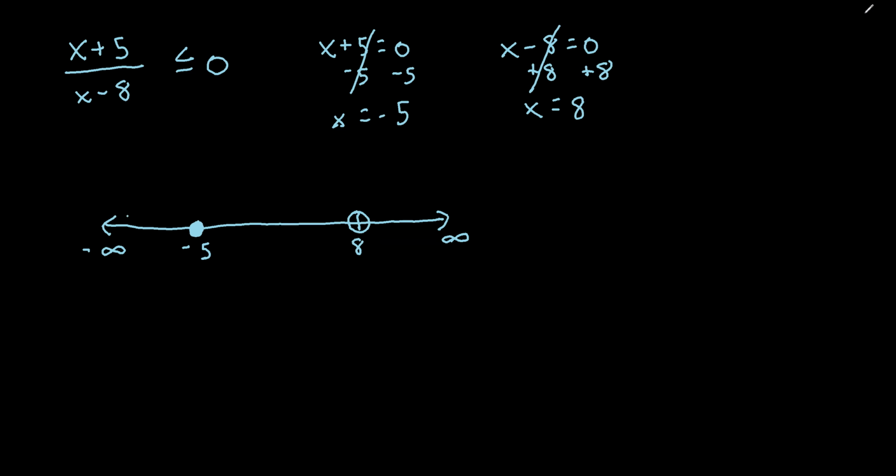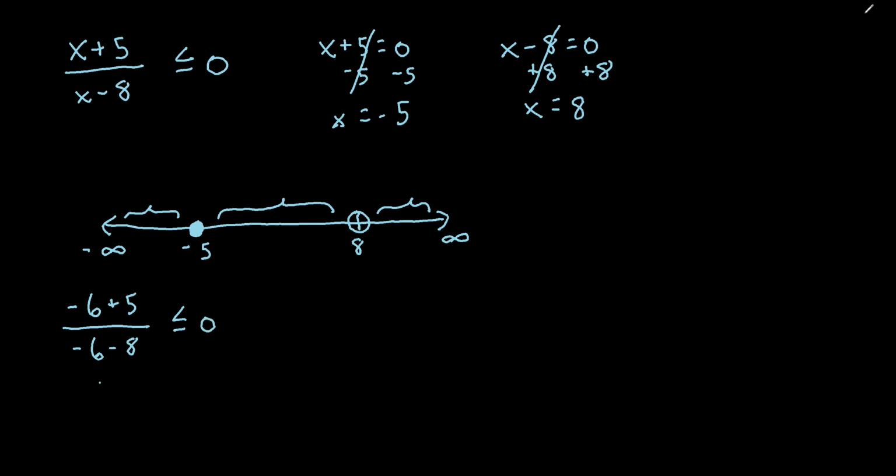Now what we need to do is see the 3 regions on this number line. We need to pick a number from each region and plug it in for x to see if this original expression is true. So let's check out this first region, negative infinity to negative 5. Let's pick a number in here and plug it in to this expression. So let's say negative 6. Negative 6 plus 5 over negative 6 minus 8 is less than or equal to 0.